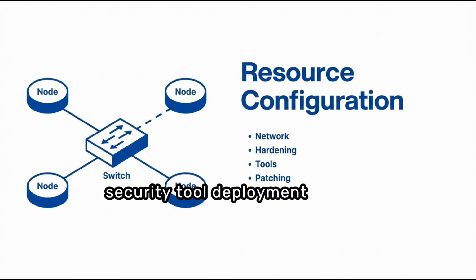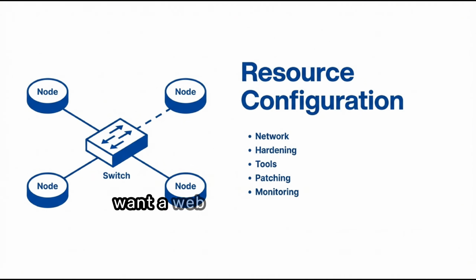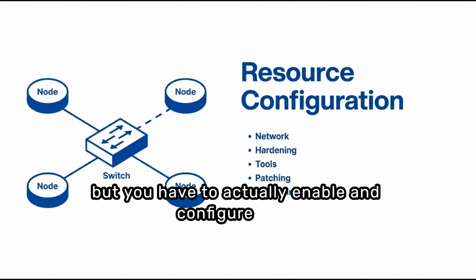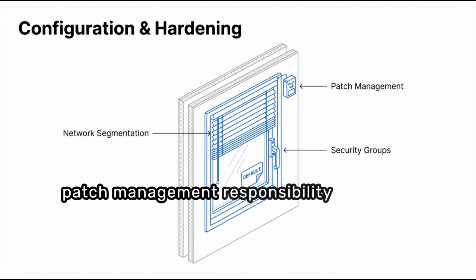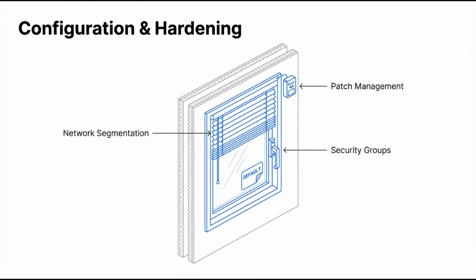Security tool deployment is your responsibility. Want a web application firewall, an intrusion detection system, vulnerability scanning? The provider offers these as services, but you have to actually enable and configure them. They're not on by default. Patch management responsibility varies by service model. In IaaS, you're responsible for patching your operating systems and applications.